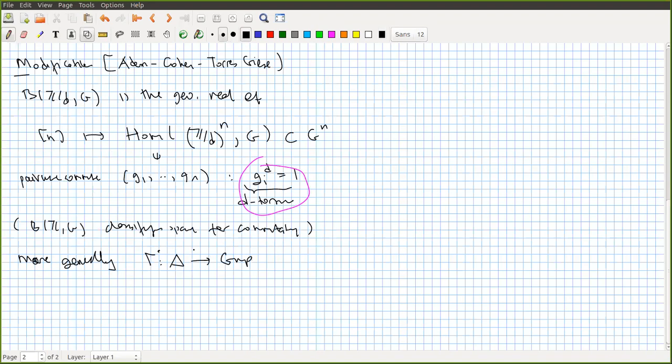If you start with a functor like this, you can also define a classifying space by similarly modifying this. The shortcut notation would be this: you look at the homomorphisms from the nth level of this functor to the group G, and then you take the geometric realization.